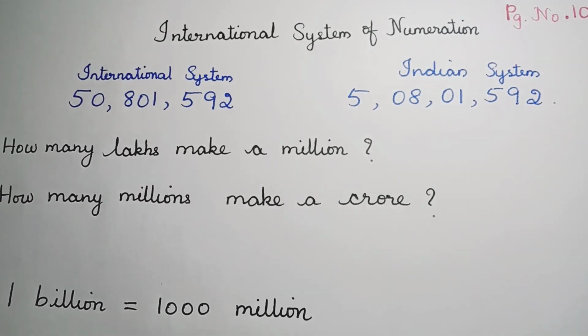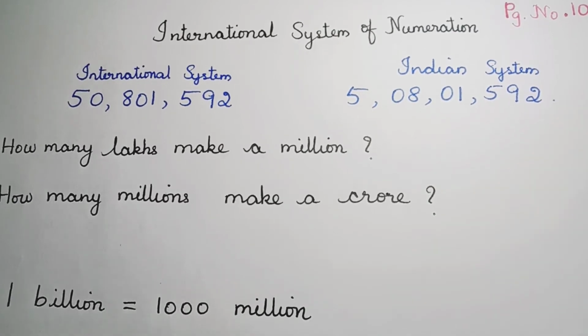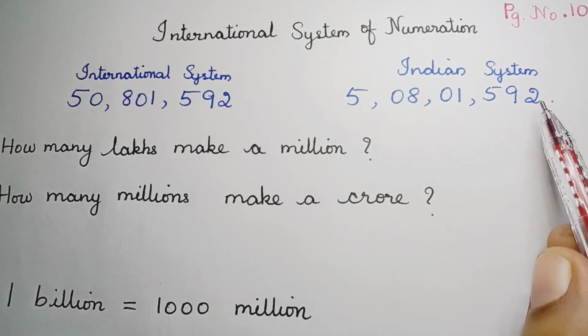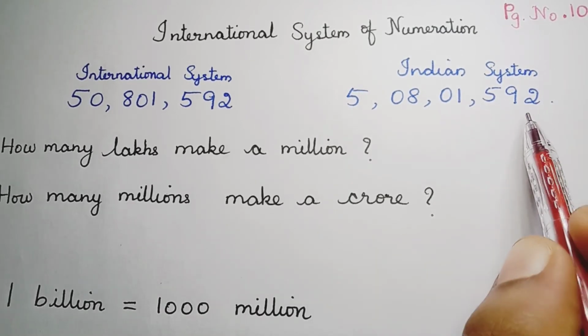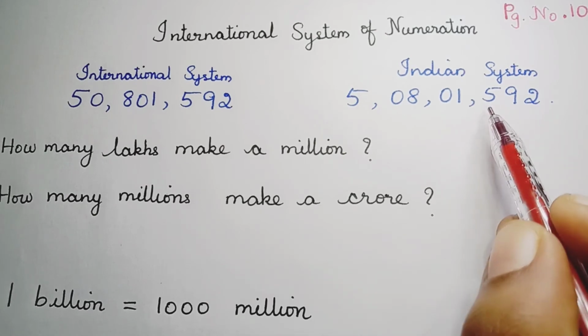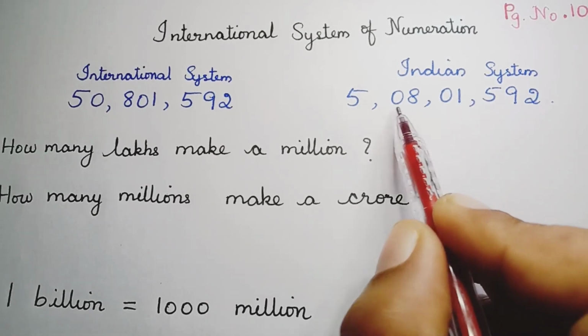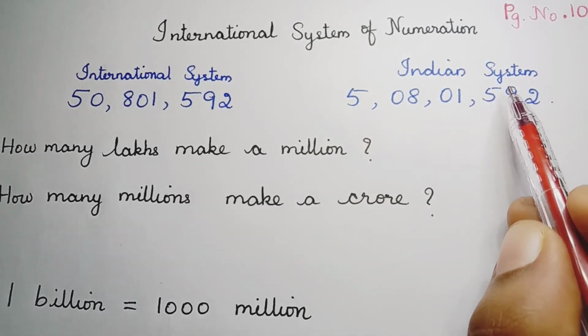So far we have seen the Indian system. We have read 1 lakh, 10 lakh, crores, and all the number names given for the Indian number system. Now you have already heard about billions, millions and all, right? All those terms come under the international system of numeration. We will see how to write both number systems. First, the Indian system: put the first comma after 3 digits, and further for each 2 digits separate with commas.